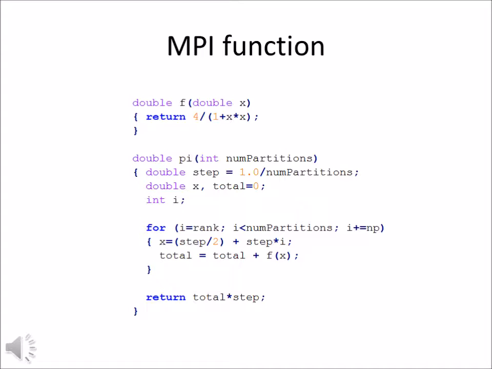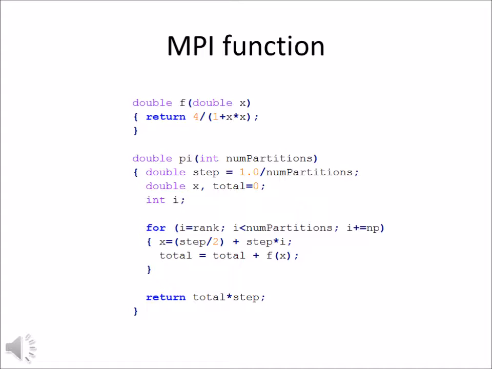So how do we convert this into MPI in order to have it calculated in parallel? Well, the function f remains the same, but the function pi will need to be modified to take into account which part of the function should be calculated. We are going to do this calculation by alternating the slices between each process.